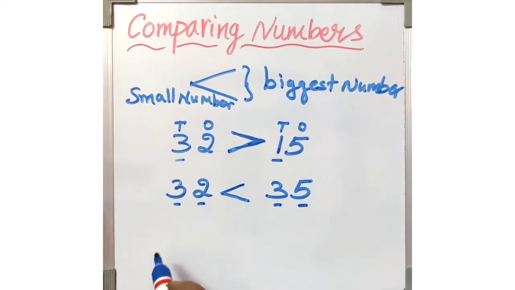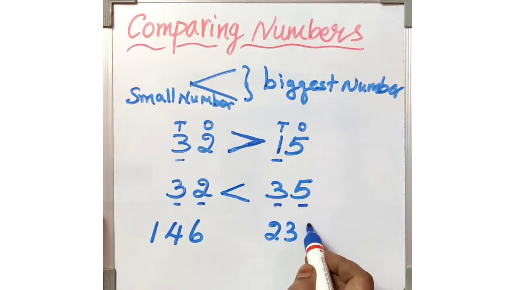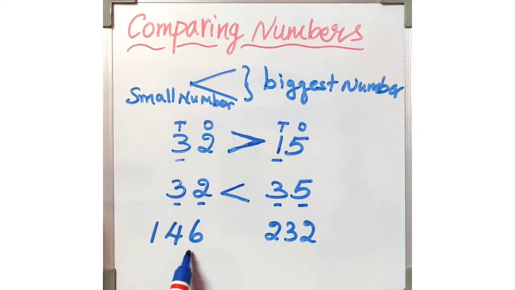Now let us take one more example, 146 and 232. Here both are 3-digit numbers. In a 3-digit number, we have to compare the hundreds place first. This is hundreds place, so ones, tens, hundreds.